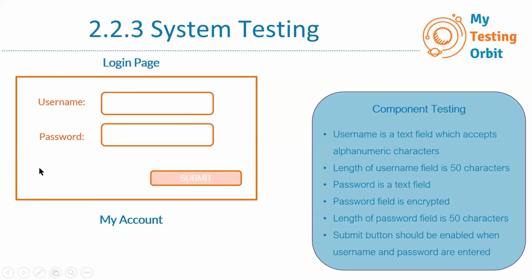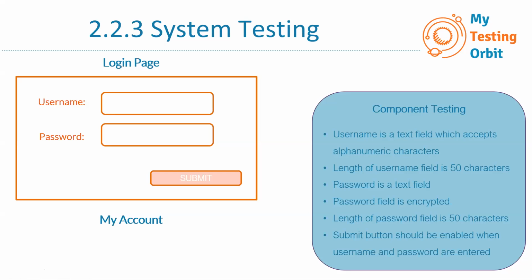So let's say this is our login page. This is the UI of our login page. And then there's another page which is my account. So right now we have two components, login page and my account. These will, of course, be built and tested separately. Let's say that now we are at the component testing level.